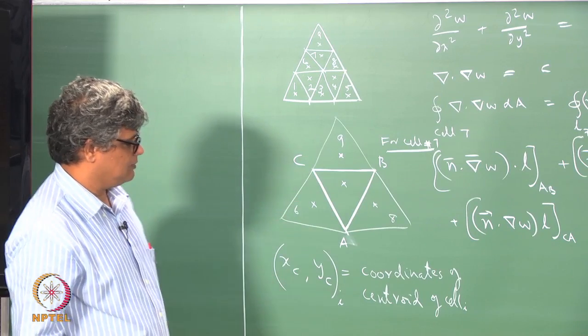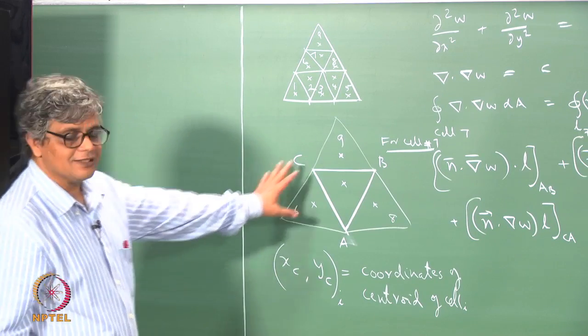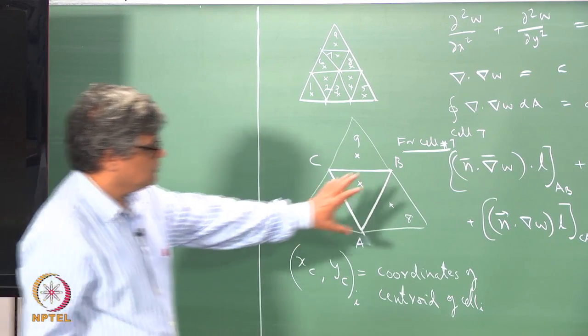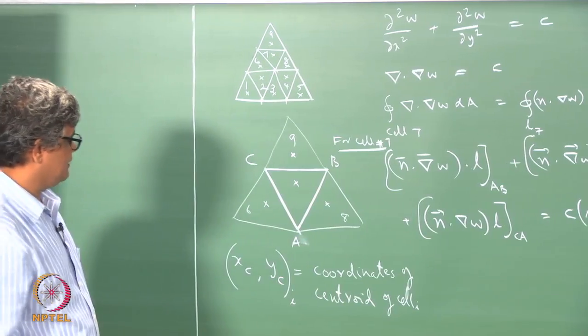Also, given that it's an equilateral triangle, we can readily find that out. So what do we do with this?